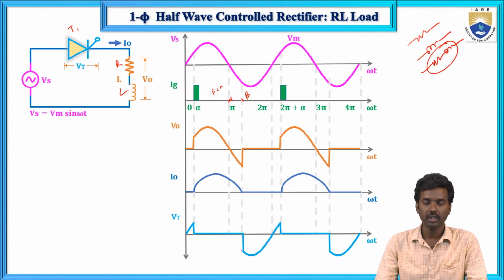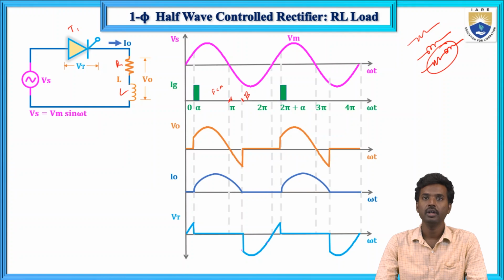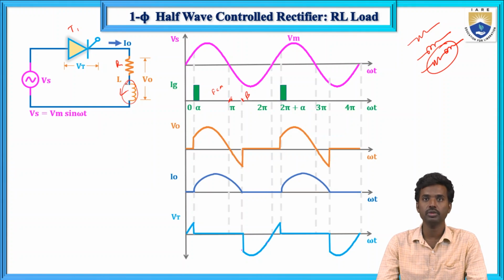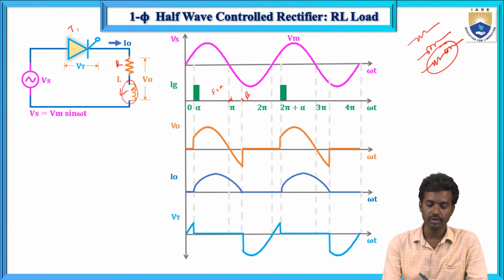For a pure R load it would conduct up to pi only, but here from pi to beta, what will happen? Because the inductor stores the energy in the form of electromagnetic field. It stores the energy from 0 to pi, and after that it delivers from pi to beta.